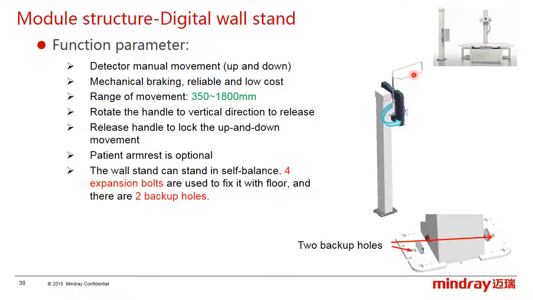Here the patient armrest is an option, and the wall stand itself is self-balancing. It means that if there is no external force, the stand will not fall down. During the installation, the wall stand uses four expansion bolts to fix and two holes for backup.